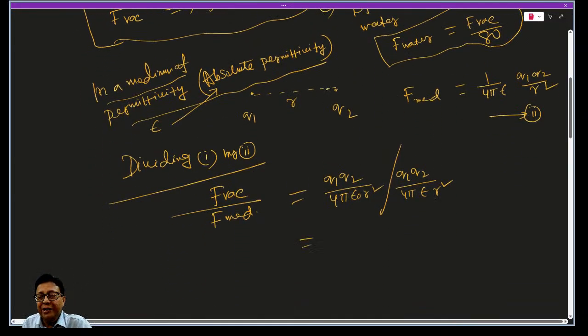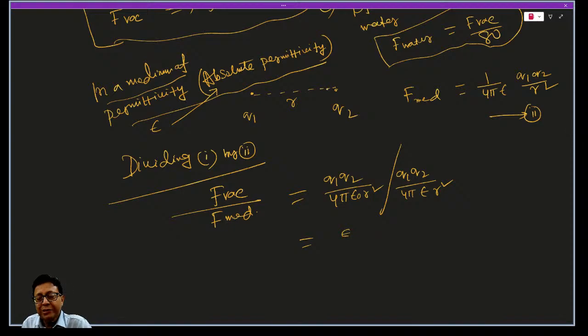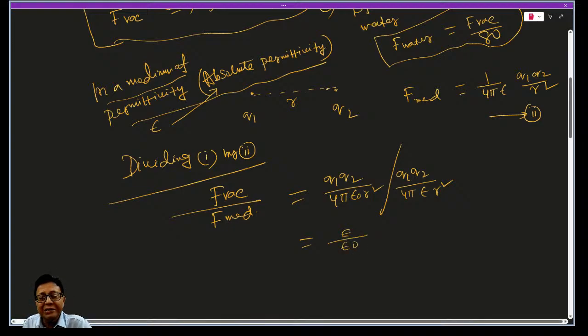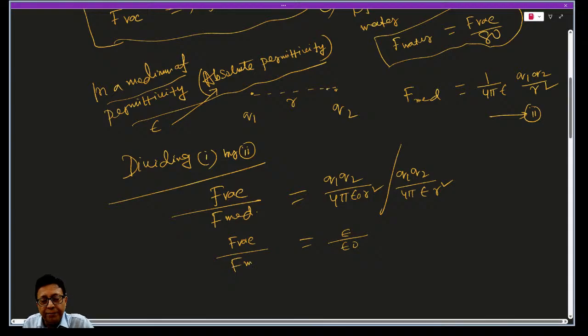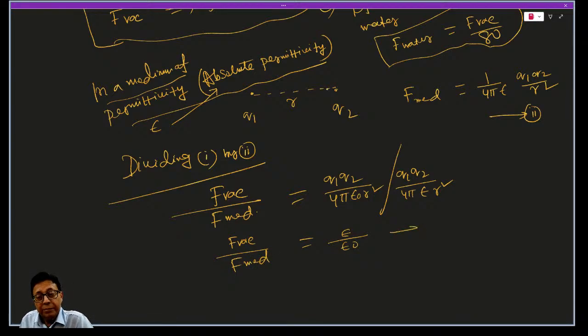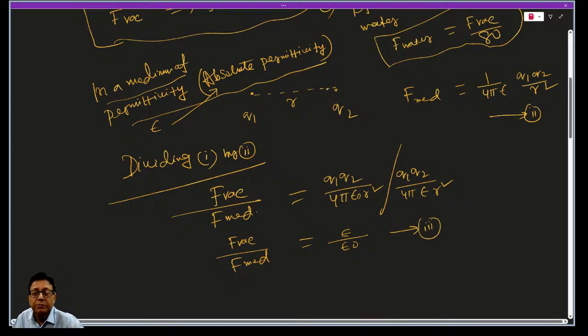So this will be epsilon by epsilon 0. The rest get cancelled. F vacuum by F medium now has this form.